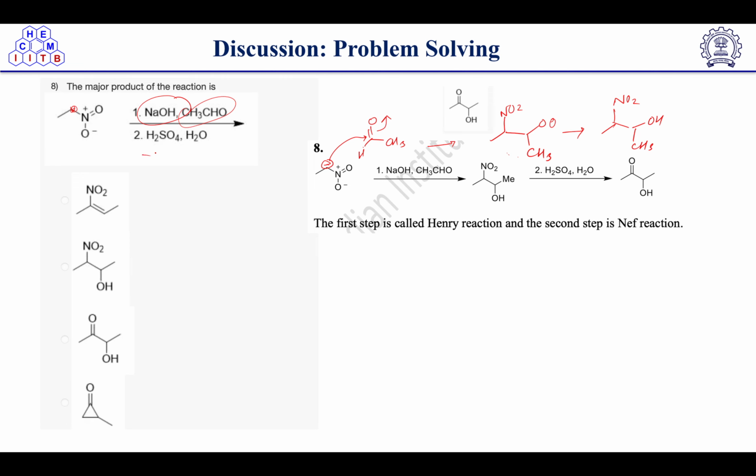And the second condition is H2SO4 and water. So which condition is it? This is the acidic condition. So in the acidic condition, hydrolysis will take place, and the last step, this acidic condition reaction, is named the Nef reaction. So does anybody know about the mechanism of the Nef reaction?